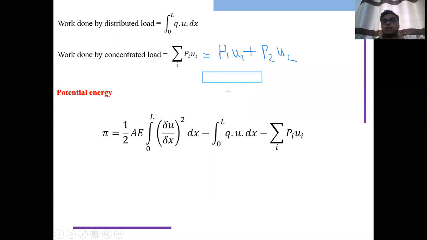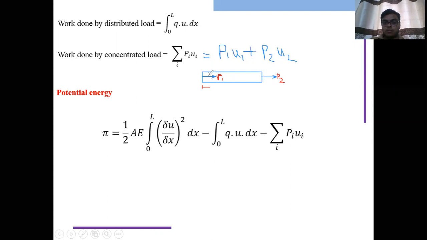For example, this is our element. One force I applied here, this is P1, and another force I applied here, this is P2. So how does the work done equation become? U1 is the deformation of this point.